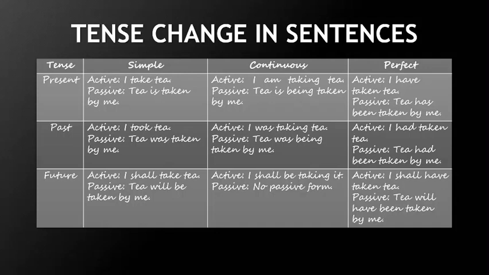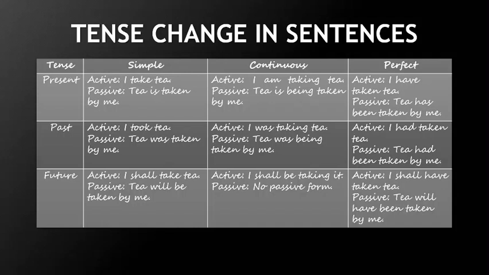The fun part is when we are doing voice change of past tense, we don't need to worry about the various verb forms because it is always was or were. There is no am, is, three kinds of variation is not there. Only was with singular, were with plural. Similarly, had, singular, plural, whatever be the person, first person, second person, third person, had remains had.